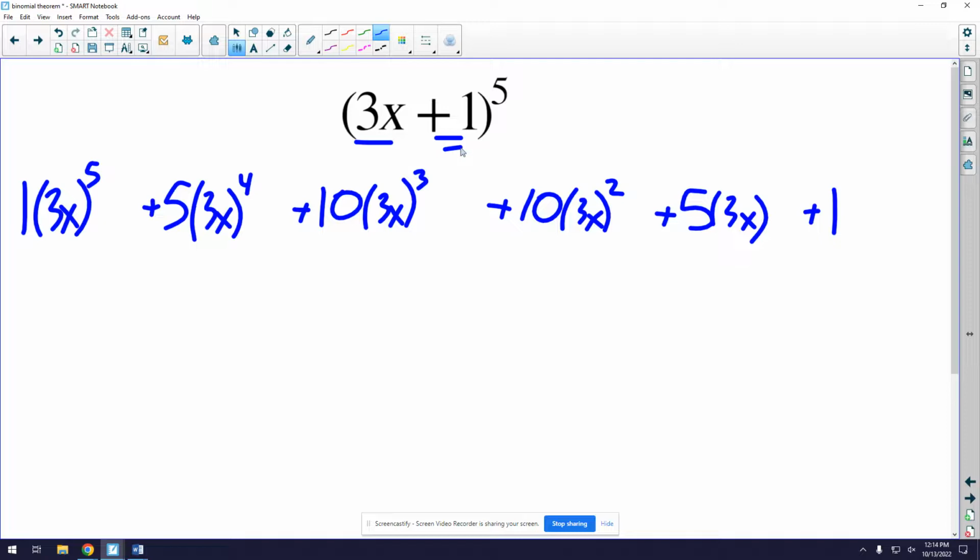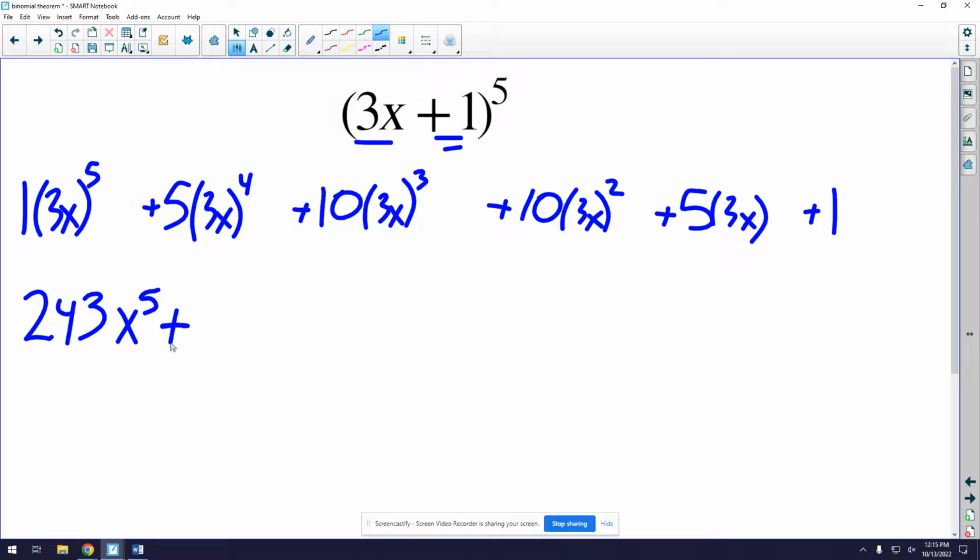Remember when you have those parentheses, the 3x all to the 5th means I have 3 to the 5th and x to the 5th. 3 to the 5th, this is where you're going to want your calculators. 3 to the 5th is 243, x to the 5th, plus 3 to the 4th is 81, but then I need to times it by 5.